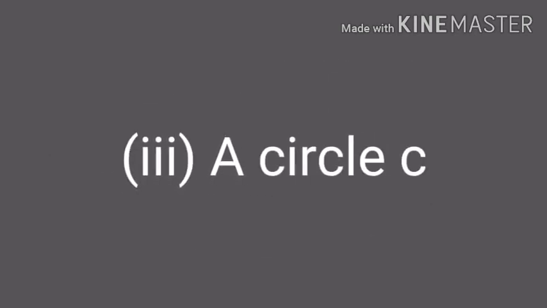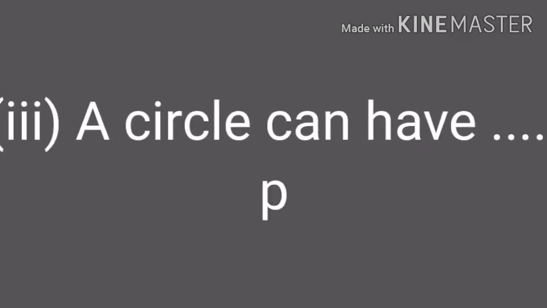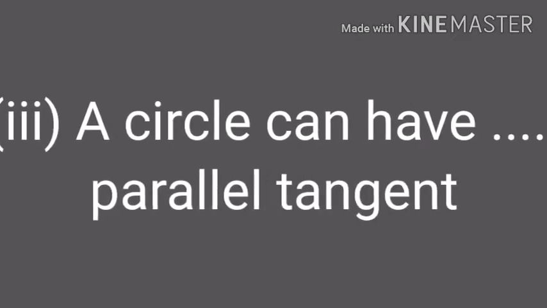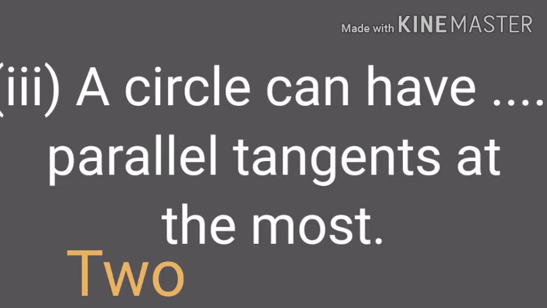The third part: A circle can have dash parallel tangents at the most. That is 2. A circle can have 2 parallel tangents at the most.